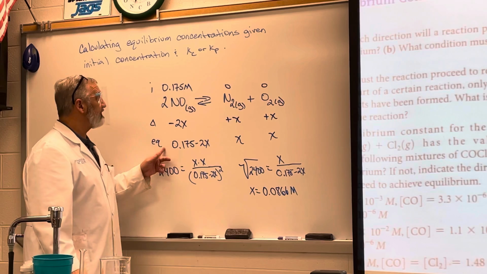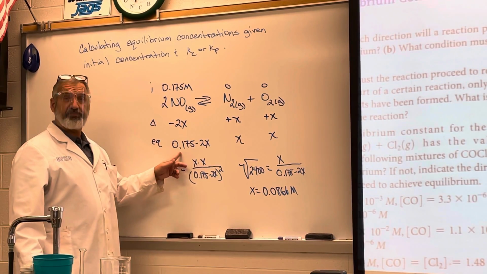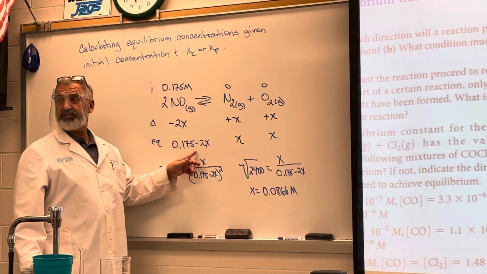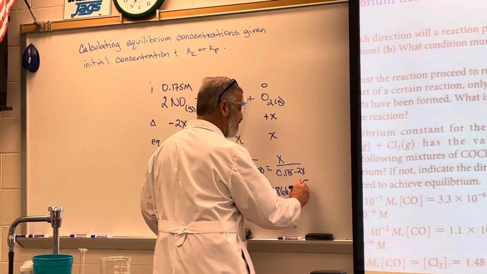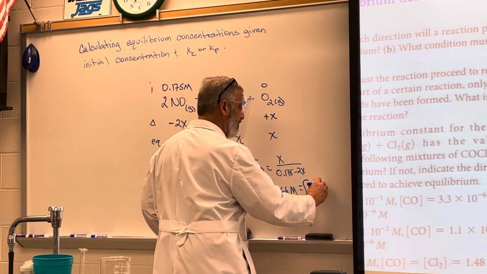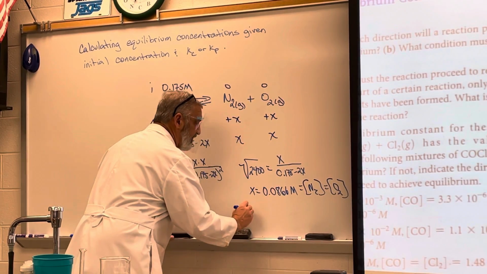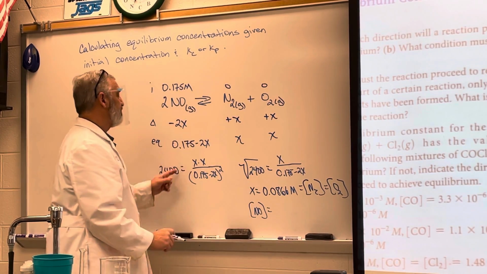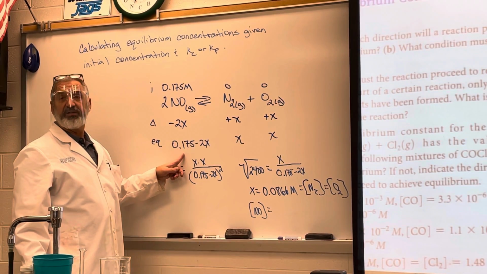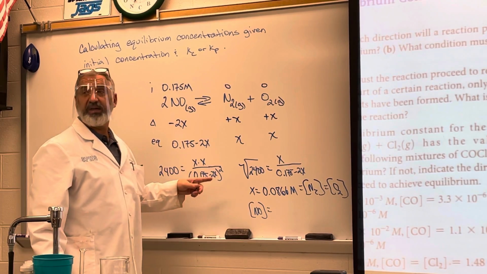Then how would I get the equilibrium concentration of NO? You just plug it in, 0.175 minus 2 times that. This x is the concentration of N2 and the concentration of O2. And the concentration of NO ends up equaling 0.0018.